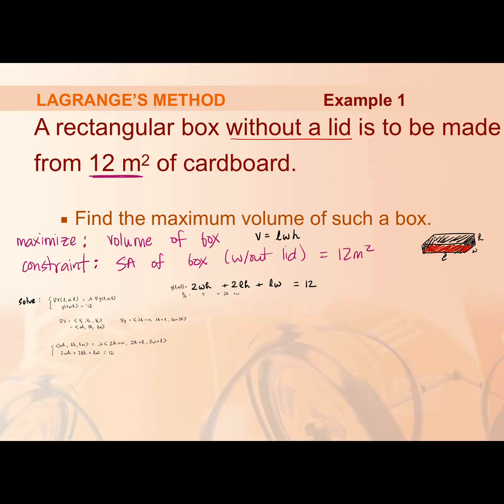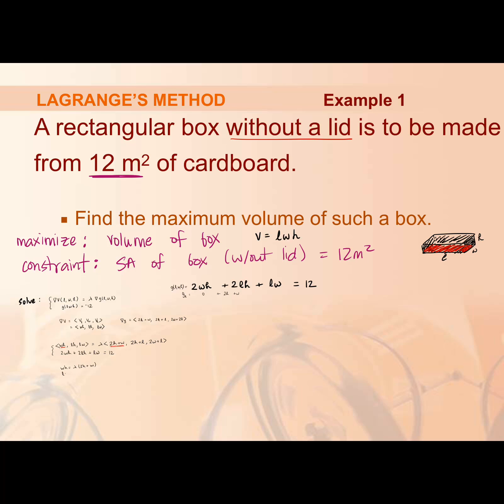Okay. So now, for this first vector equation, WH needs to equal lambda times (2H plus W). Do you see how in this vector equation we've got three scalar equations? The first one is that WH equals lambda times (2H plus W).